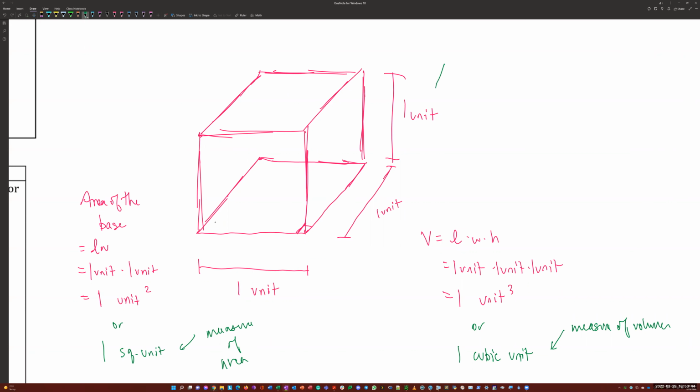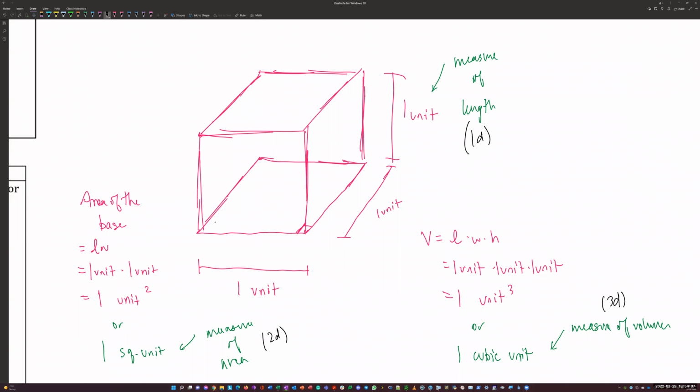And this is just a measure of length. So this, we said, was one dimensional. This is two dimensional. This is three dimensional. Does that make sense? Yes, you understand what I'm saying?